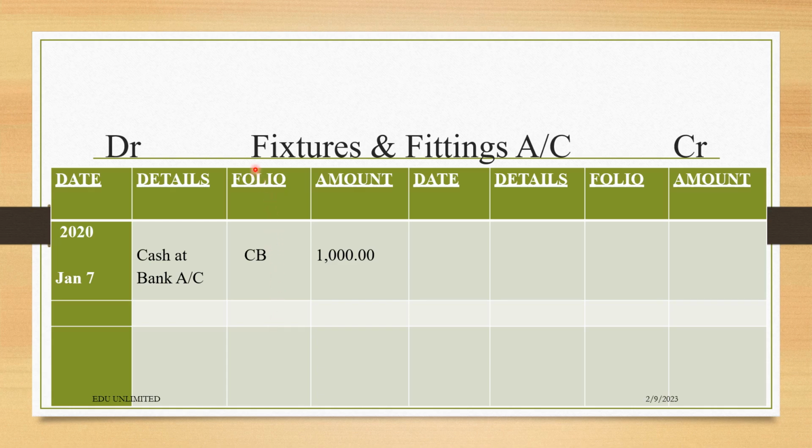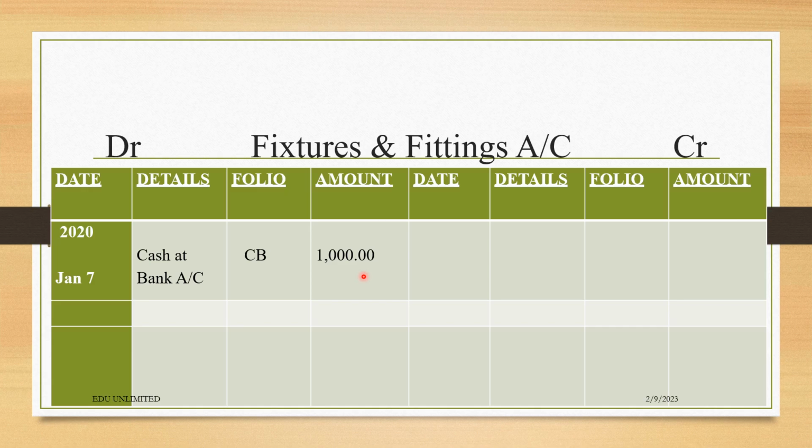So we debit the fixtures and fittings account which is in the general ledger. So the date, January 7, 2020, under the details column, cash at bank, and under folio CB, because the cash at bank account is in the cash book, and under the amount column, we put $1,000.